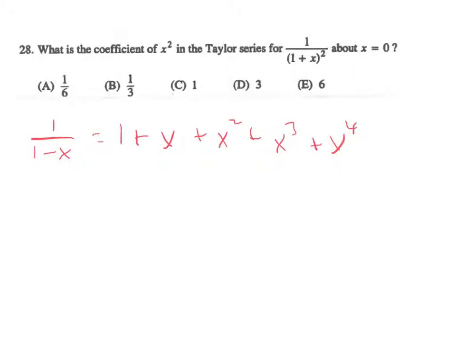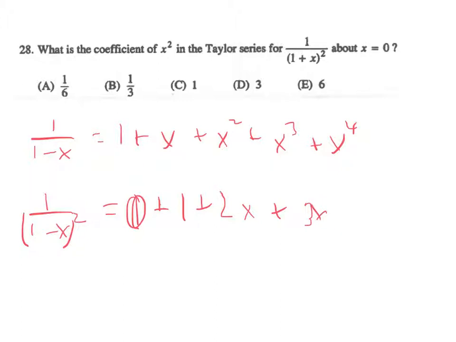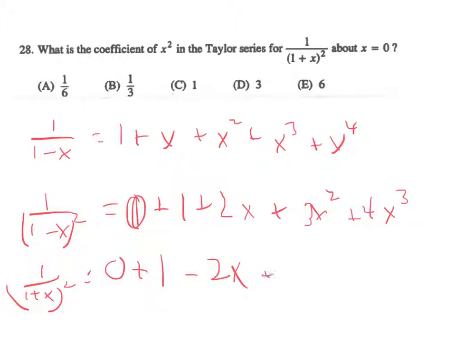If I differentiate this, this becomes 1 over 1 minus x squared, and that's going to equal 0 plus 1 plus 2x plus 3x squared plus 4x cubed, and then all I have to do is replace x with negative x, and I get 1 over 1 plus x squared equals 0 plus 1 minus 2x plus 3x squared minus 4x cubed.